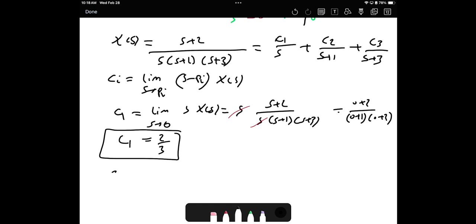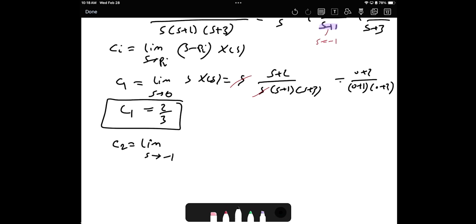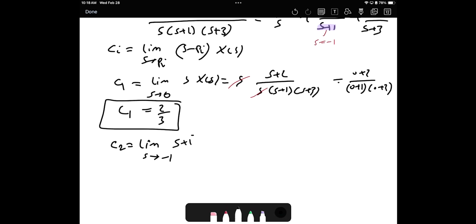To find C2, which is associated with s plus 1, the pole is s equal negative 1, so it will be the limit as s goes to negative 1 of s plus 1 times X of s, which is s plus 2 divided by s, s plus 1, s plus 3.